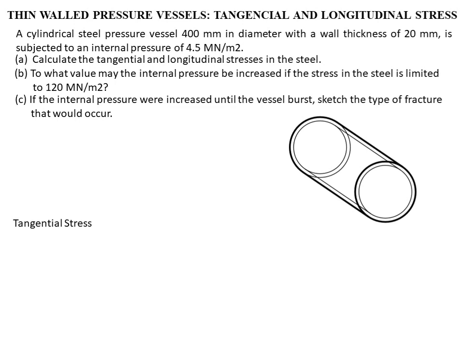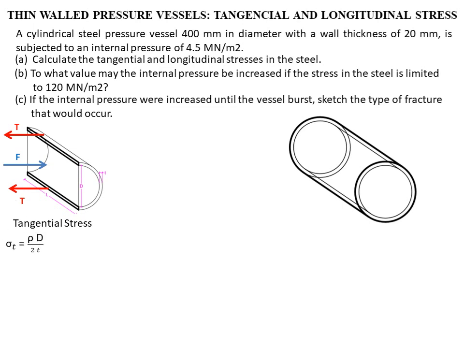So let's solve letter A, the tangential and the longitudinal stress. Let's solve first the tangential stress, and then let's draw the illustration. This is the force due to pressure, and this is the force due to the resisting of the tank. From our previous derived formula, the tangential stress is equal to pressure times d over 2t.